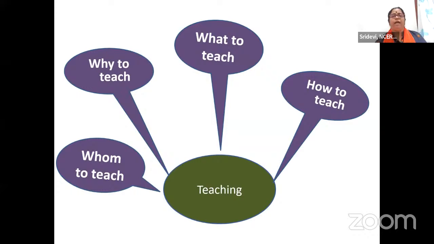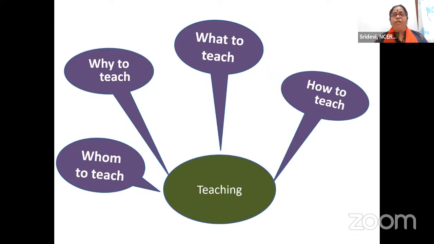And then, okay, I understand that I have to teach. Let me take the example of secondary school teachers. I know that these concepts are very important. The child has to learn these concepts and develop certain abilities, like he should be able to classify things, he should be able to plan an investigation, and so on and so forth. And for that, I need to provide them opportunities.